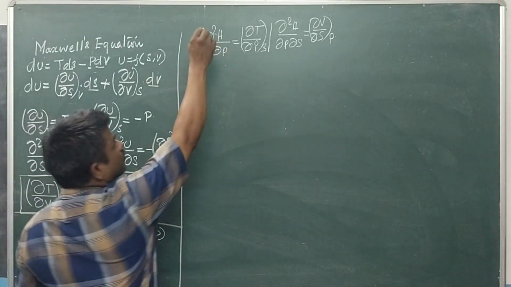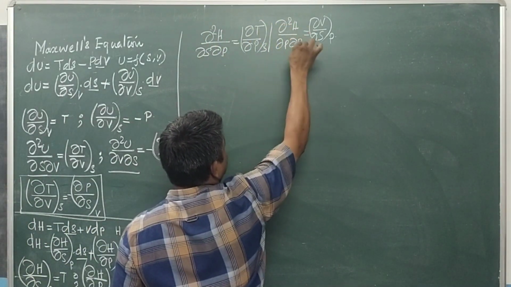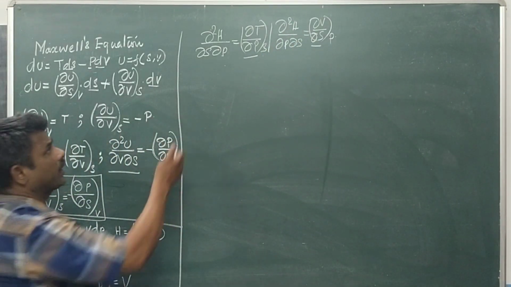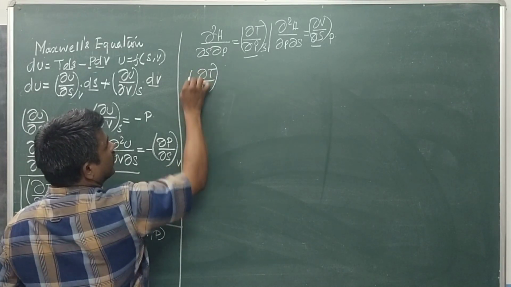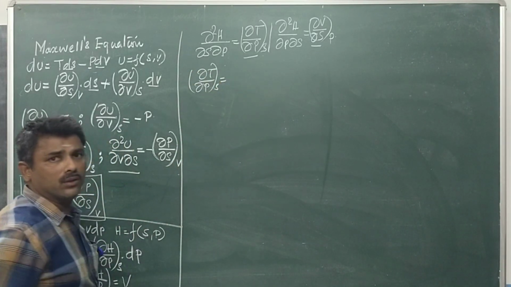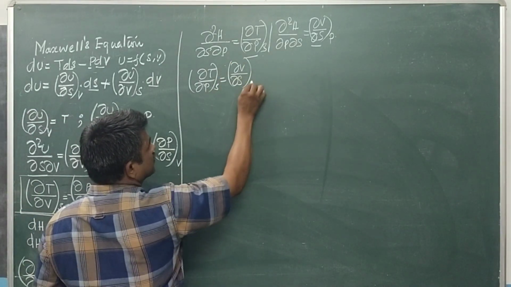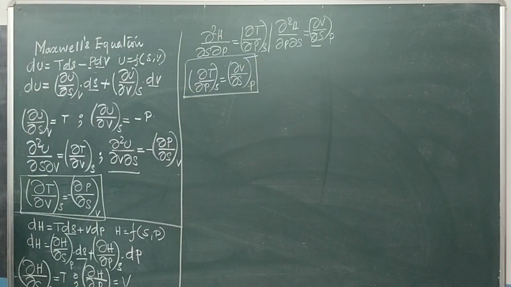Therefore, both ∂²H/∂S∂P and ∂²H/∂P∂S are the same. Now I am going to write (∂T/∂P) at constant entropy is equal to (∂V/∂S) at constant pressure. This is the second Maxwell relation.